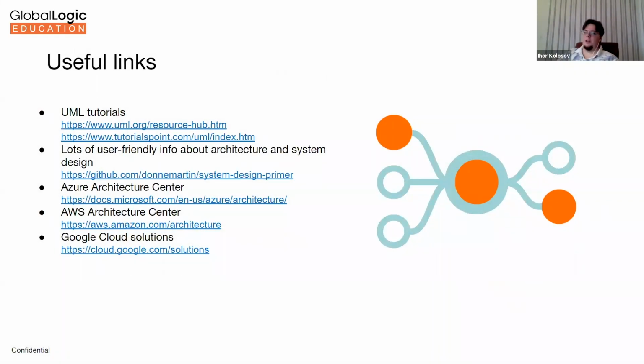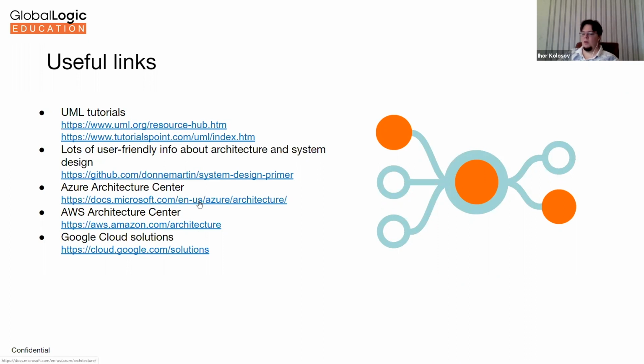Here I've highlighted a set of useful links which will help you to perform such activities better. As you can see, there are links for UML tutorials, lots of user-friendly information about general architecture and system design here.